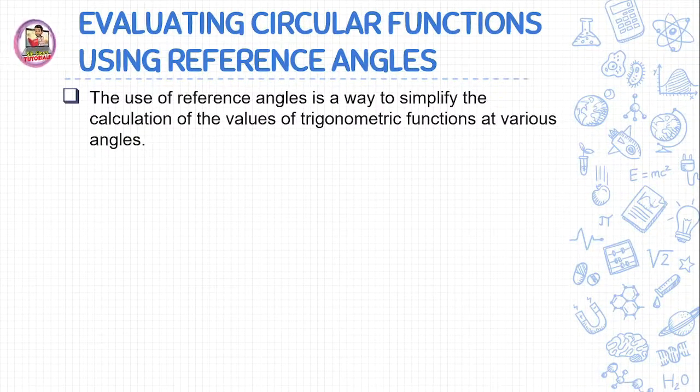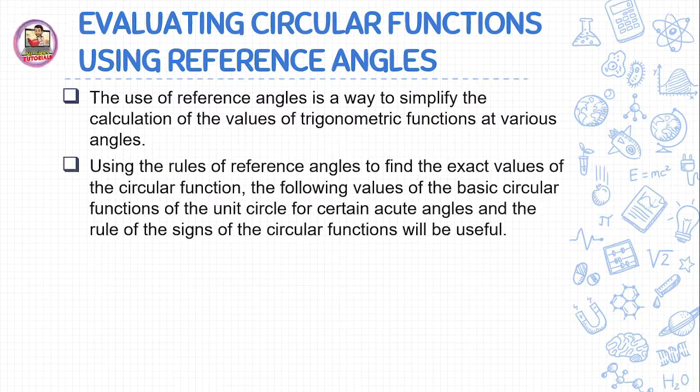The use of reference angles is a way to simplify the calculation of the values of trigonometric functions at various angles. Using the rules of reference angles to find the exact values of the circular functions, the basic circular functions of the unit circle for certain acute angles and the rule of signs of the circular functions will be useful.